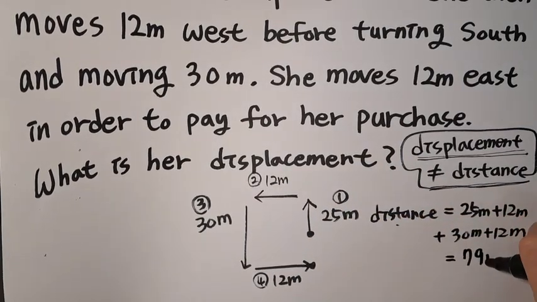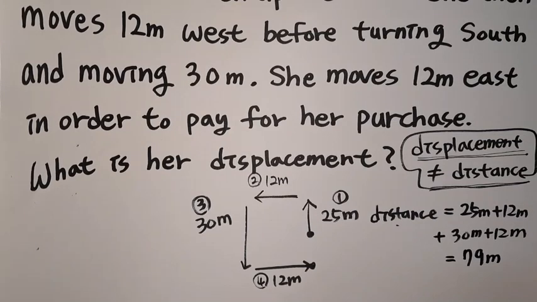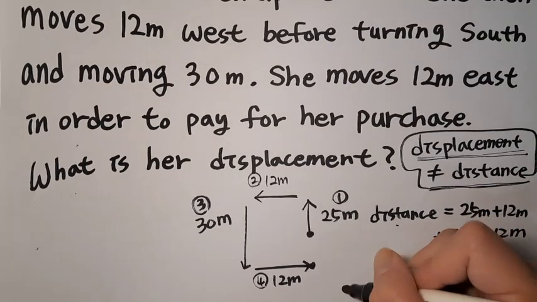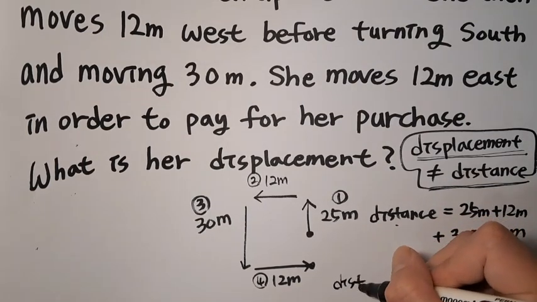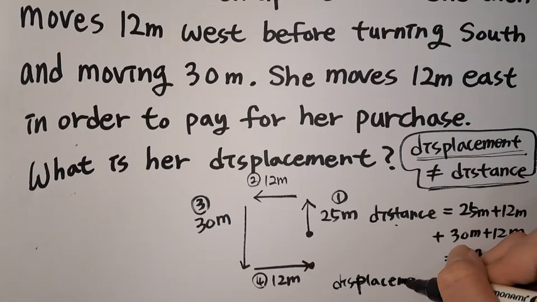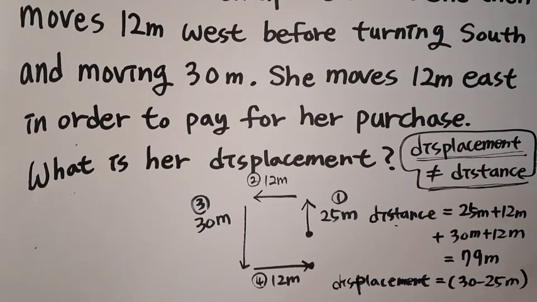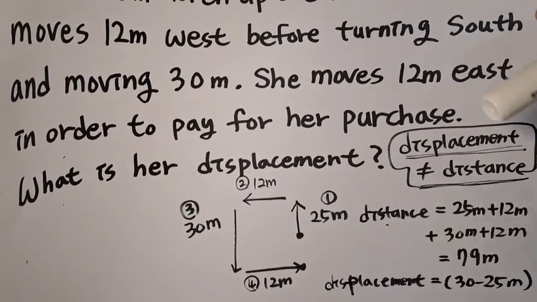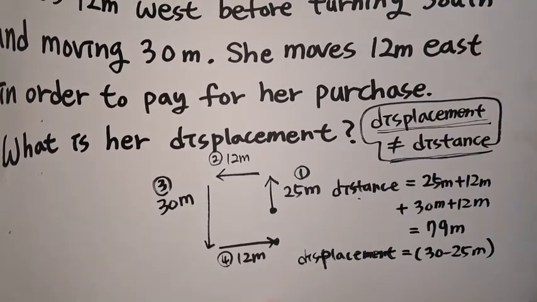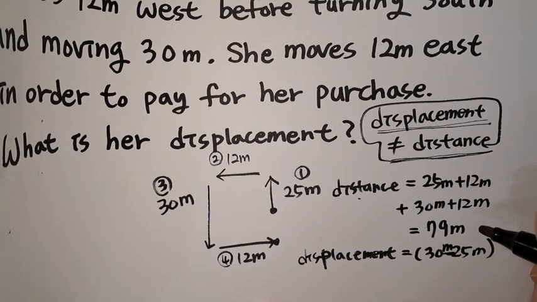So we can find the distance is 79 meters, and we can find displacement by doing this, 30 meters minus 25 meters.